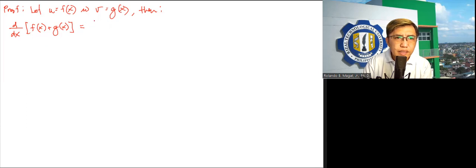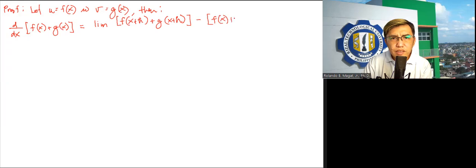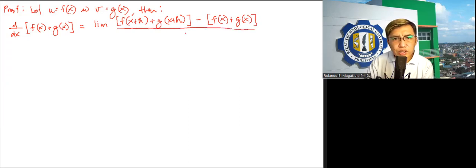This is the limit of f of x plus h plus g of x plus h, minus f of x plus g of x, all over h as h approaches 0.